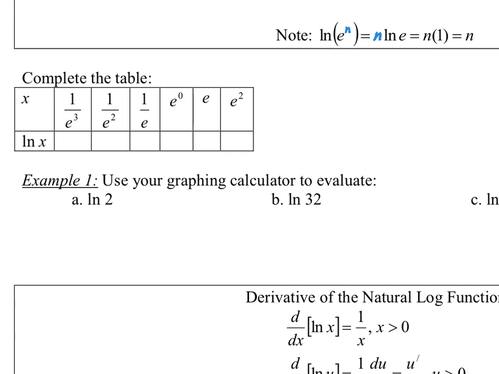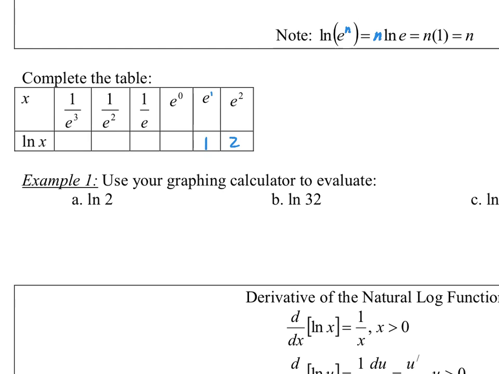So let's apply that real quickly here. If I have ln of x and I have these different e's raised to different powers, we already said ln of e is 1 because that's e to the first power. Okay, and we're taking a log with a base of e, so those we've learned in the past are inverse relationships there. Okay, so this is actually pretty simple here. The ln of e squared is just going to be 2.